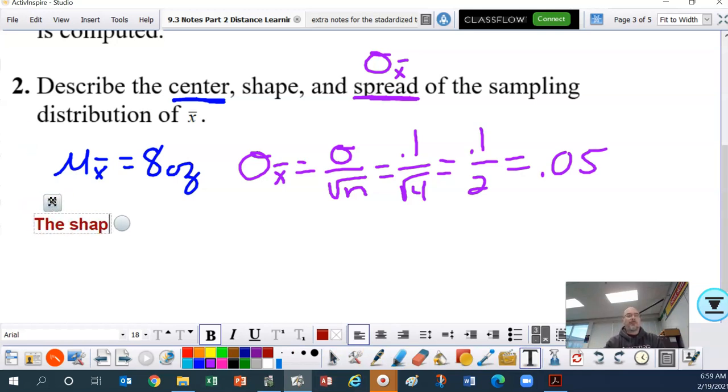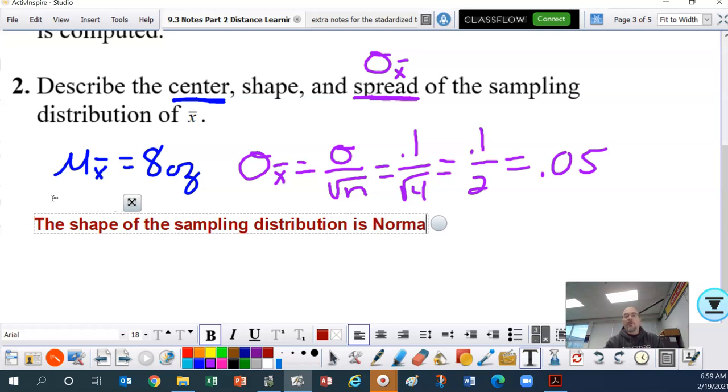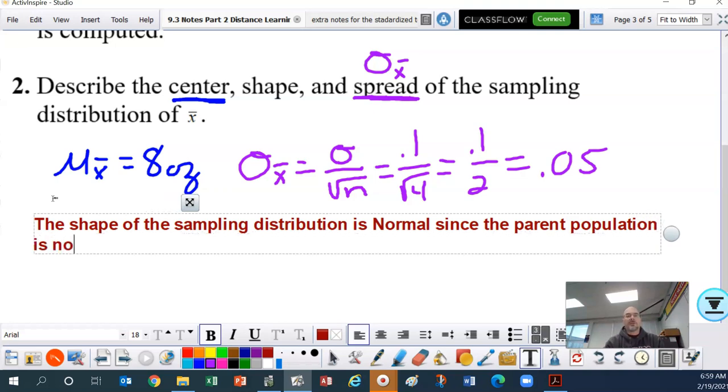The shape of the sampling distribution is normal since the parent population is normal.